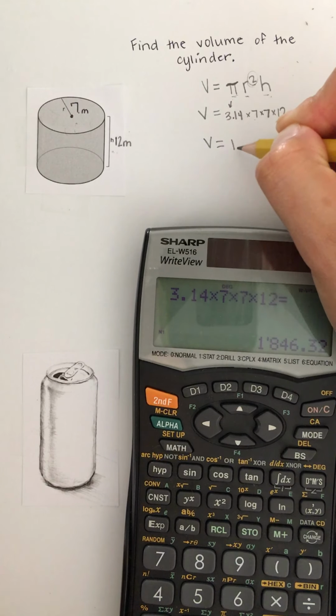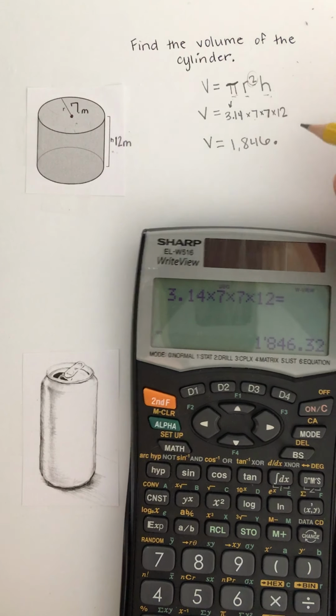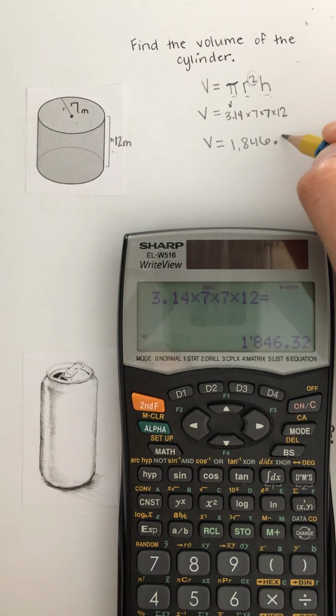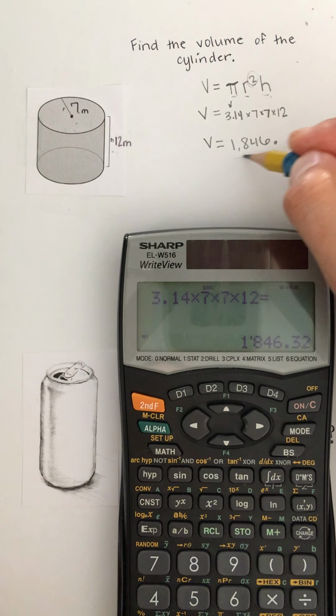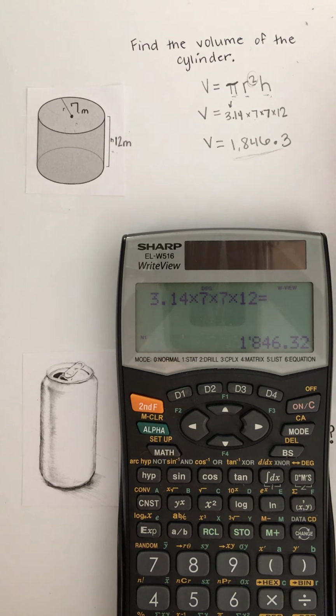Volume equals 1,846.32. If you rounded that, you could say 1,846.3, or you could round it to the nearest whole number, which would be 1,846. I'll do the tenth.